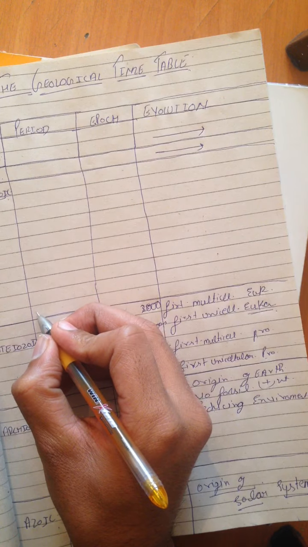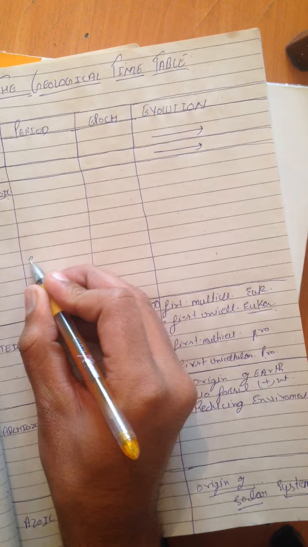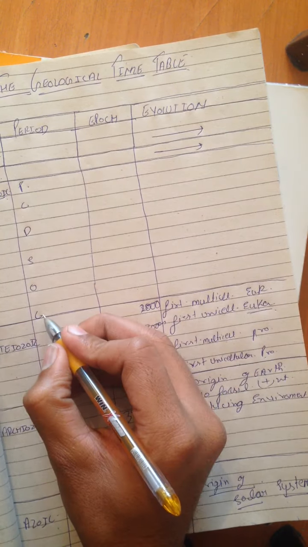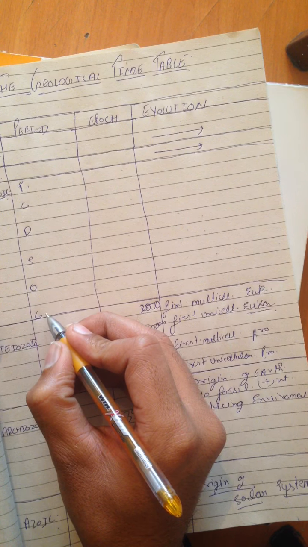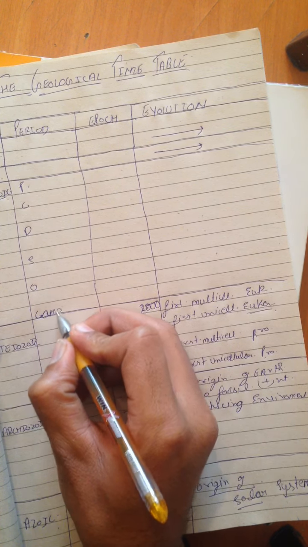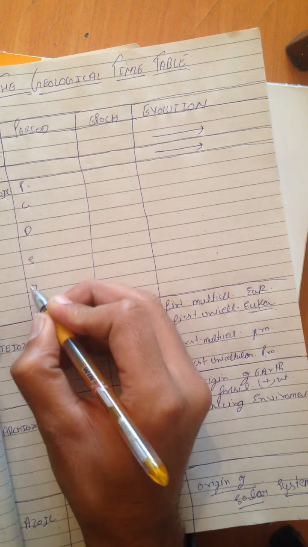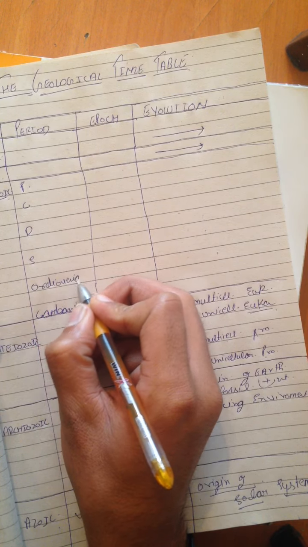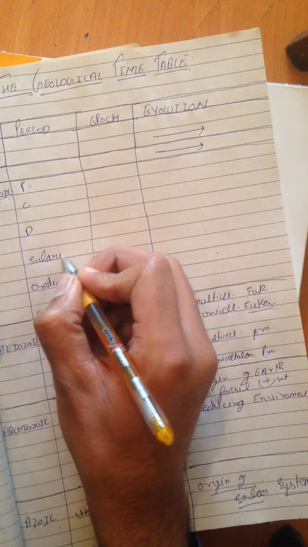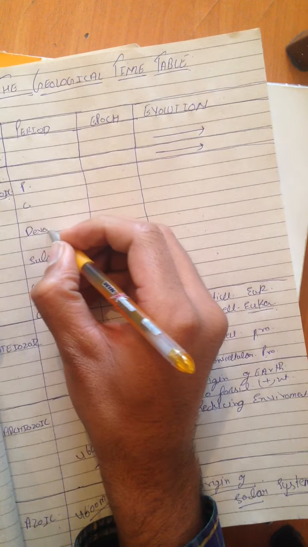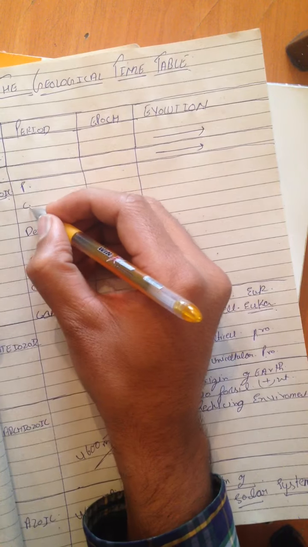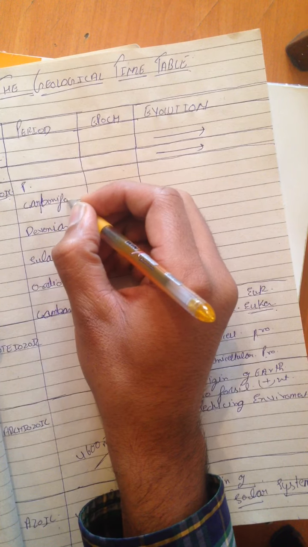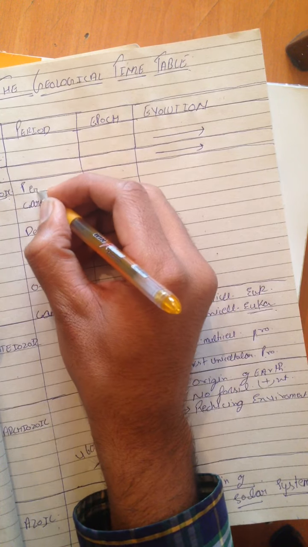We have to remember "COSDCP", there's a formula of learning: Cambrian, Ordovician, Silurian, Devonian, Carboniferous, and Permian.